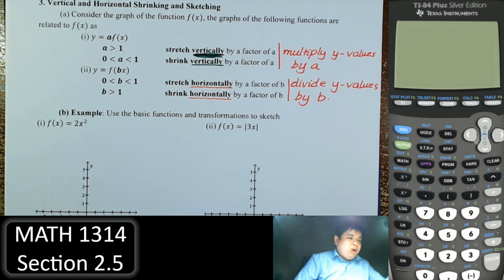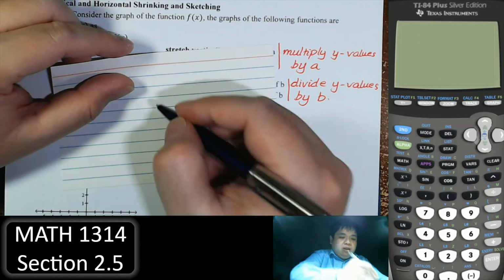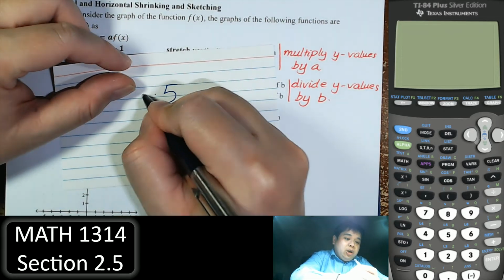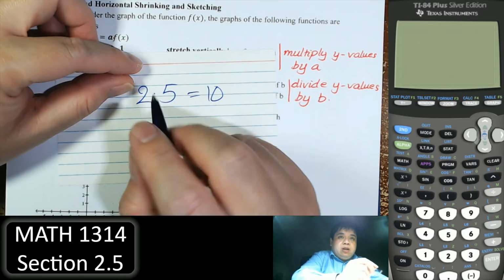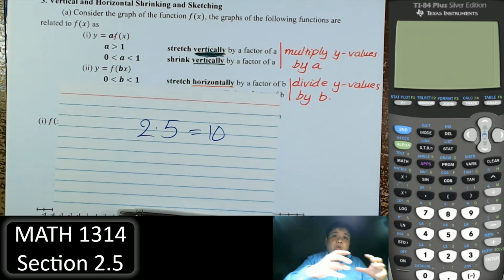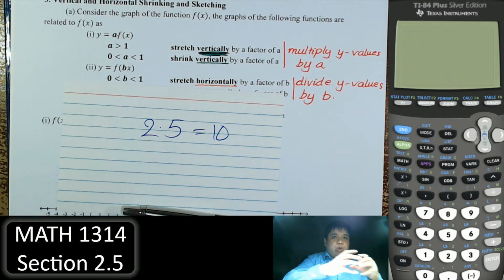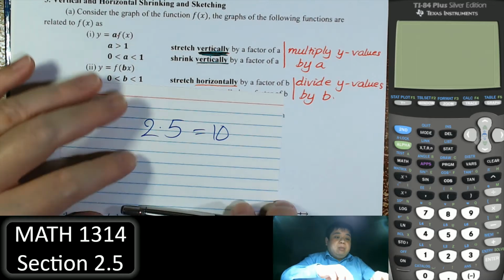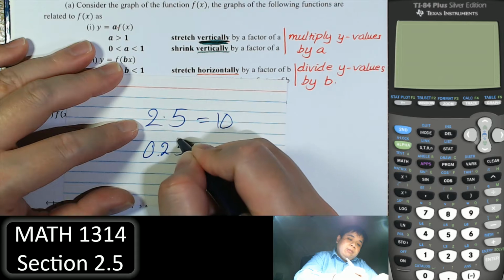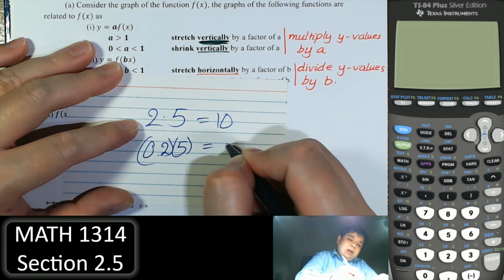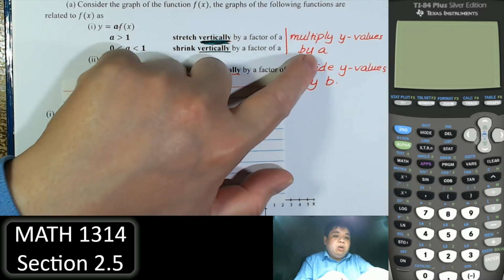Now, in terms of stretching and shrinking, that's very easy. Think of a positive number, 5. If you multiply by 2, or a number bigger than 1, the number gets bigger, and if it gets bigger, that means stretch. If we multiply by a number less than 1, for example 0.2, we get a smaller number, so we make it shrink.